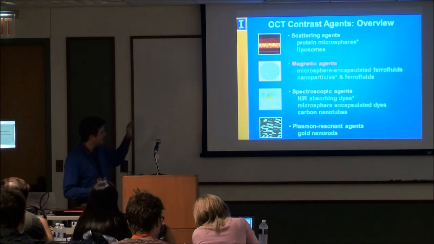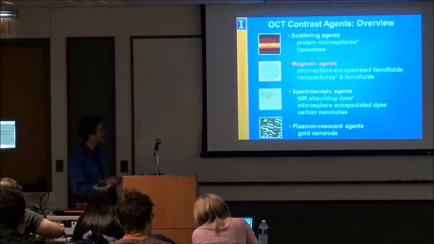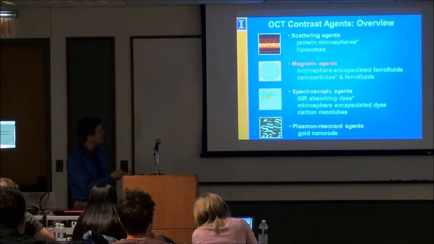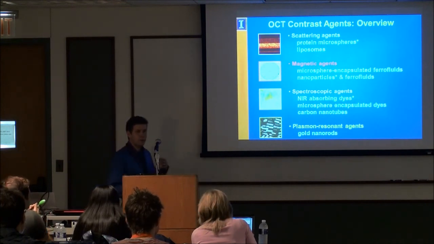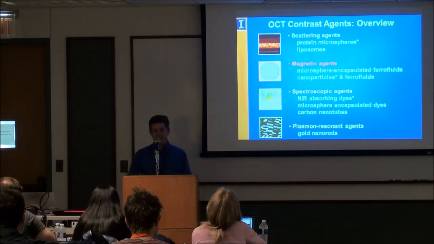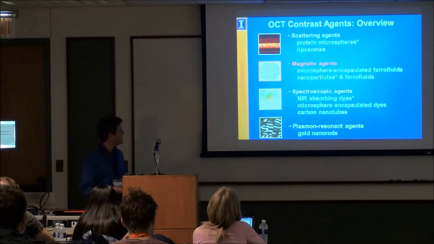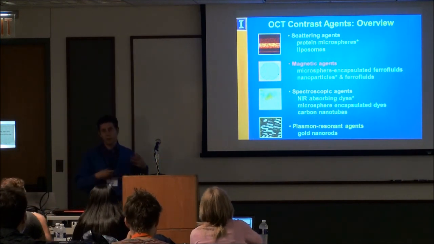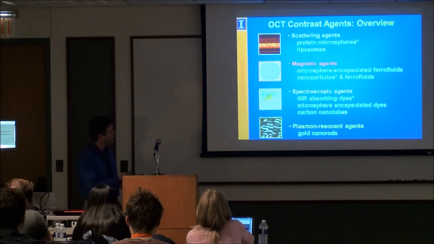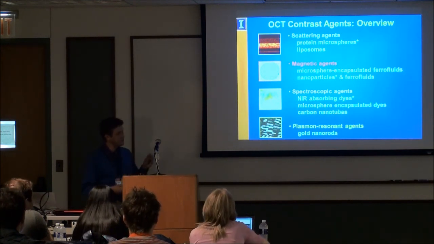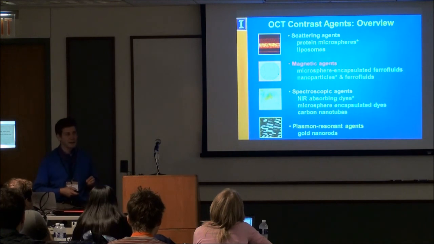Now, let's look at the different classes again. With OCT, among scattering agents, things that might work would be microspheres, micron-sized particles, and liposomes, which clearly will provide a strong scattering signal. There may be magnetic agents, such as ferrofluids that have iron oxide in them.